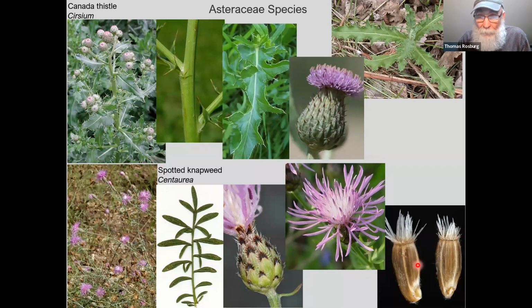And the other thing is, if you look at the fruits, I don't have a fruit of a thistle up here, but in a thistle, such as Cirsium up here, the fruit, which is shown here, is completely symmetrical at the base. Both sides of the fruit are going to be just exactly the same. But in knapweeds, we see it's asymmetrical. There's this scar basically right here. This is a scar and this is a scar.